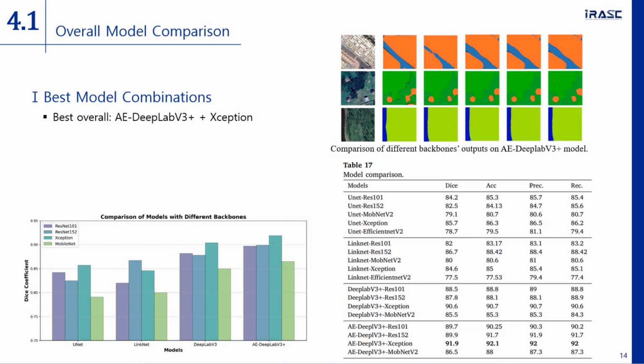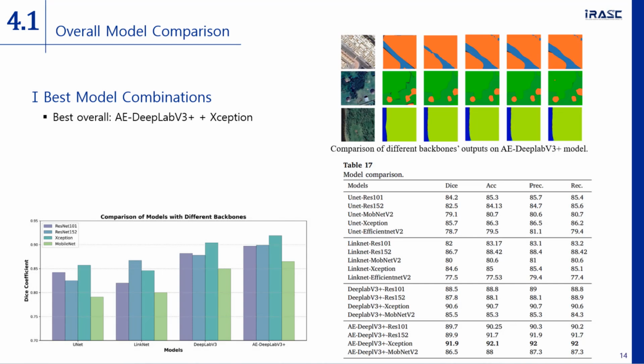Why does Xception work well? The paper explains that Xception uses depth-wise separable convolutions, which can extract effective features while maintaining computational efficiency.